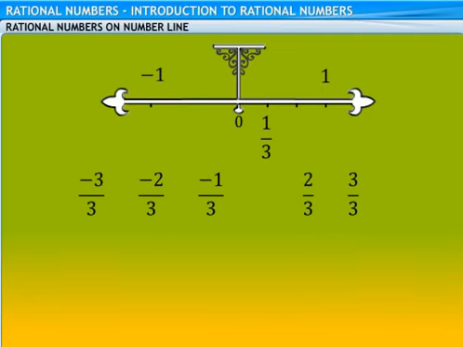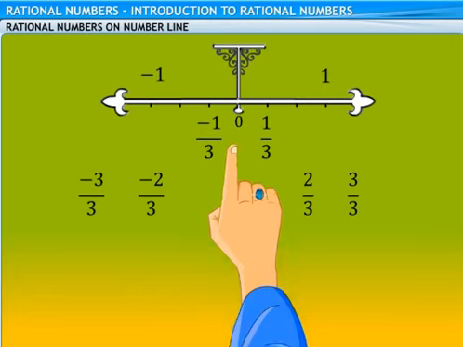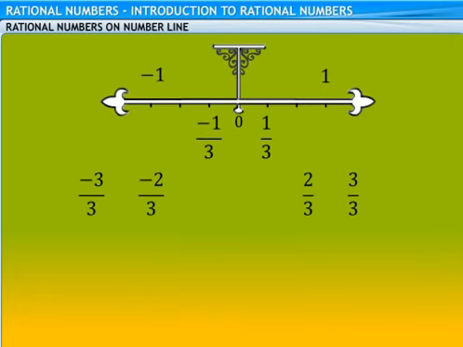Just as the distance of 1 and minus 1 is the same from 0, the distance of 1 divided by 3 and minus 1 divided by 3 will also be the same from 0. So, we divide the distance from 0 to minus 1 in 3 equal parts. The first mark from 0 represents the rational number minus 1 divided by 3. Now, 2 divided by 3 is the 2/3 of the distance from 0 to 1.